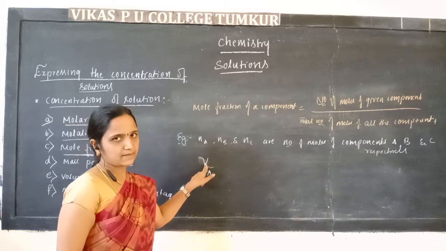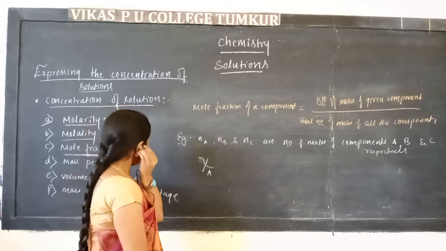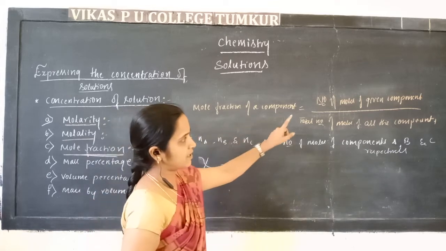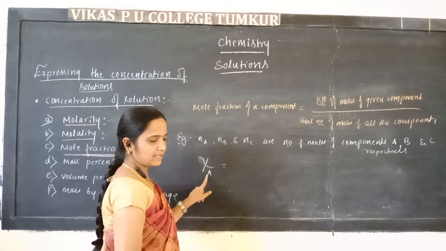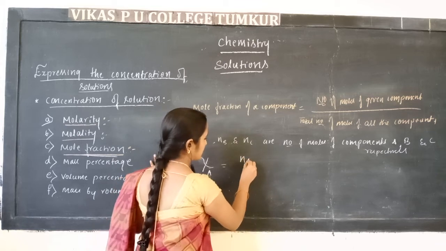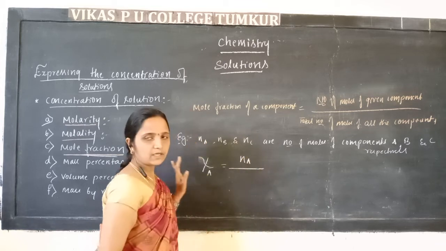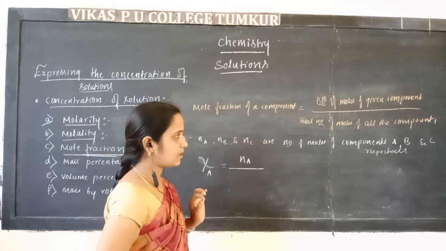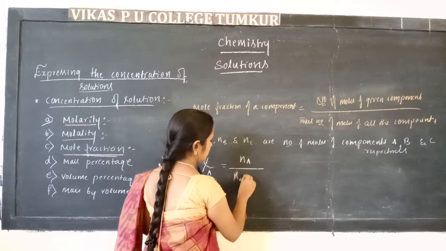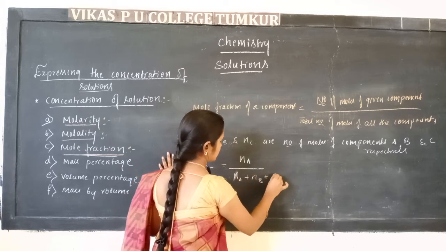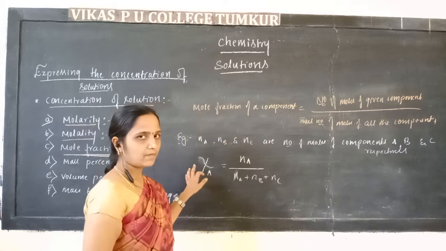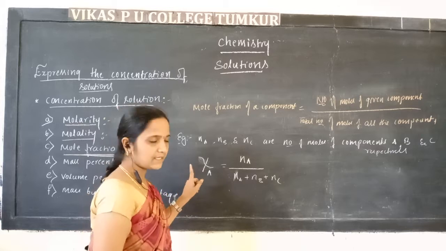The formula is the number of moles of the given component, that is Na, divided by the total number of moles of all the components, that is Na plus Nb plus Nc. This is the mole fraction of the component A.